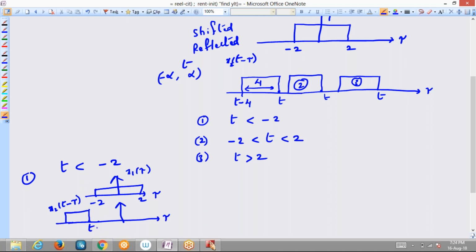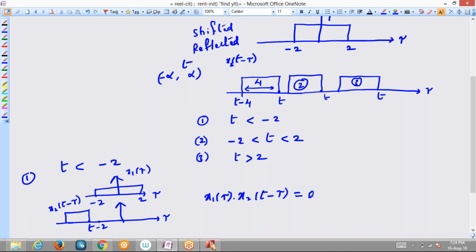So let us consider minus 2 somewhere here. The product of these two signals, x1 of tau and x2 of t minus tau, is 0 throughout, for the case when t is less than minus 2.